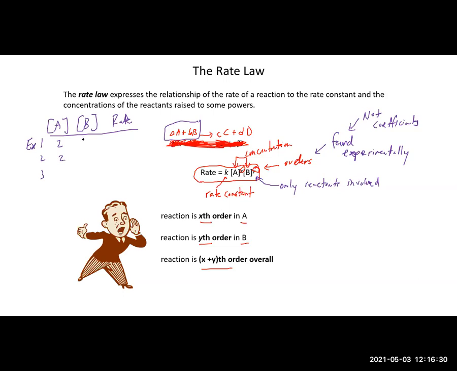And for B, it was 4 in experiment 1 and 2 in experiment 2. And the rate here was 6, and this was like 12 molar per second, right?